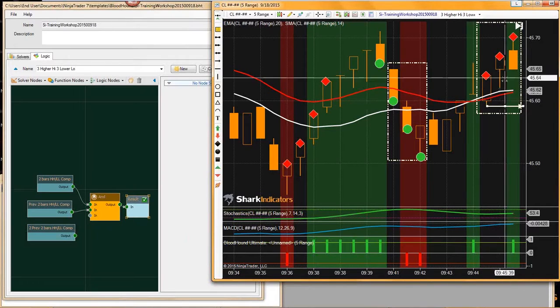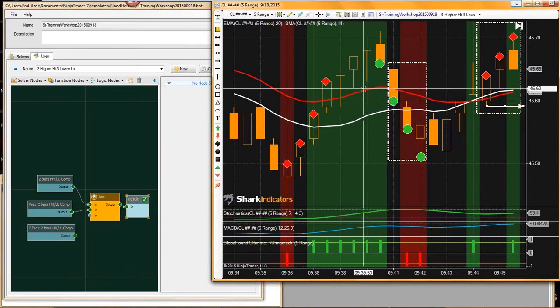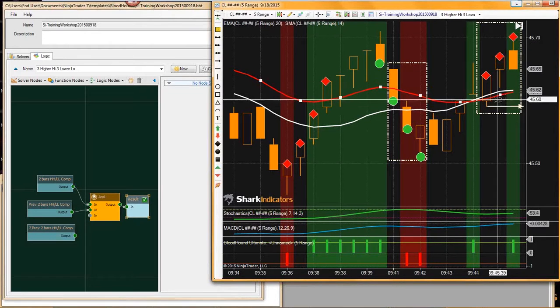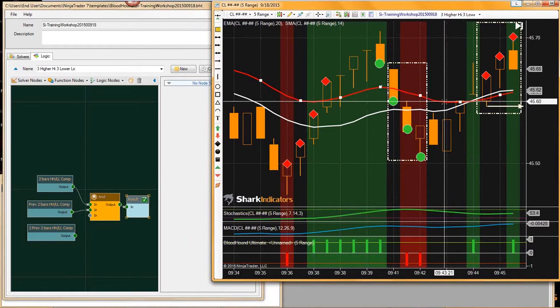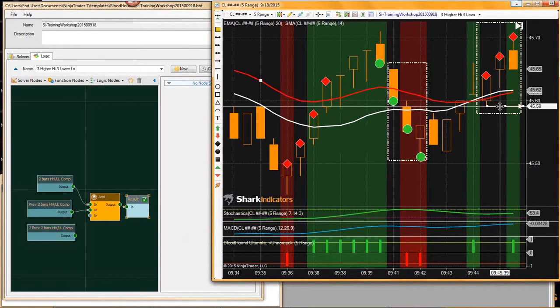So once again, BloodHound doesn't hold on to price values. BloodHound requires indicators to feed the price values that you're looking for into BloodHound, just as a moving average is basically returning a price value. So BloodHound requires indicators to return the price value for your various logic.